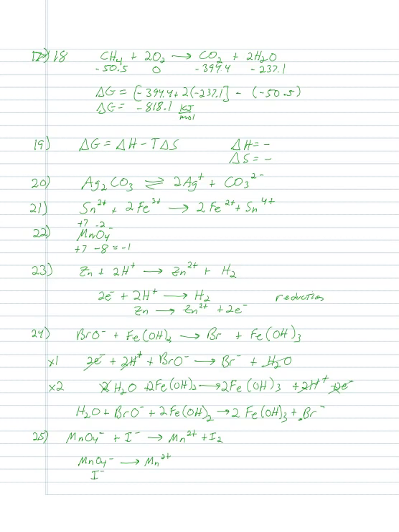We've got I minus going to I2. Okay. Balance anything that's not oxygen or hydrogen, so I need to put a 2 here. Balance the oxygens with water, so I'm going to need 4 waters here. There's nothing in that one. Balance the H's with H plus, so I need 8 H pluses there.